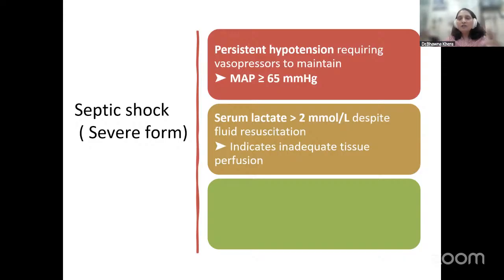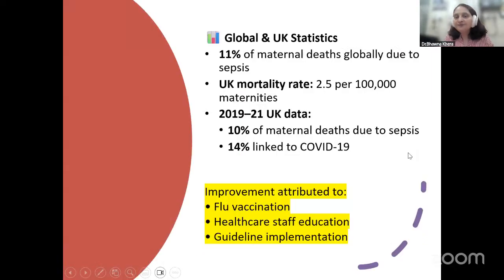I think there was always a confusion about 2 and 4. But here, now you see that 2 is the answer. So the correct answer to that recall question is 2, despite fluid resuscitation. Serum lactate more than 2 goes in favor of septic shock. So, one confusion solved as we move further.